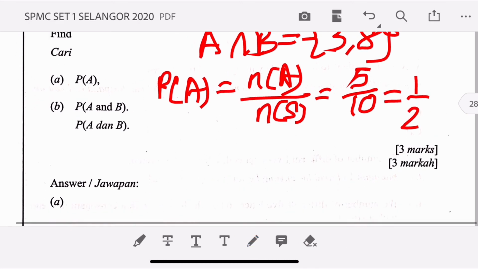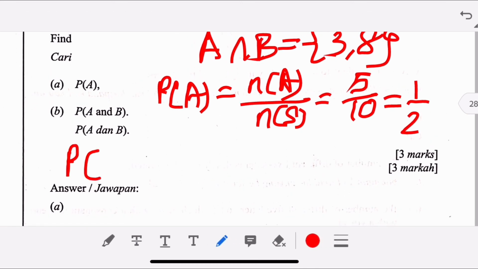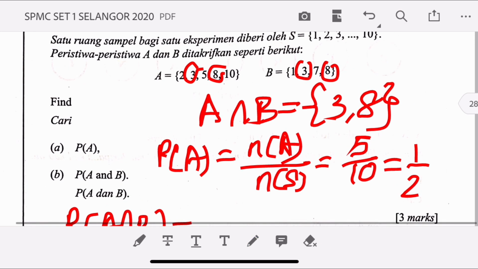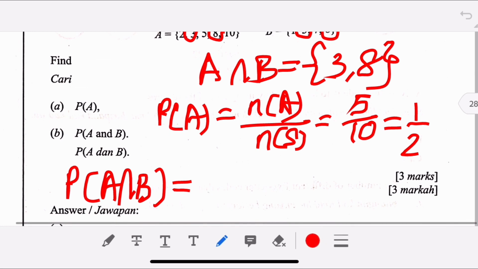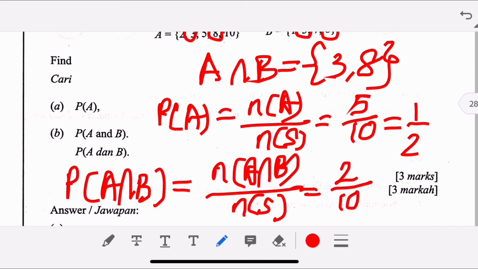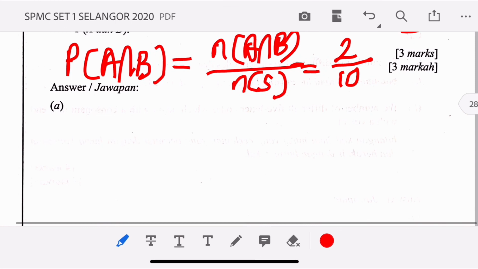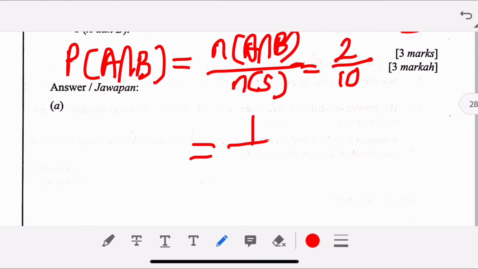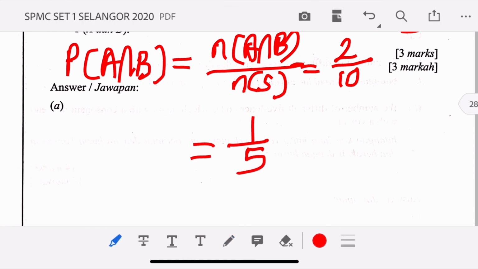For the probability of A intersect B, we have the number of A intersect B over the number of sample space, which is 2 over 10, so the answer is 1 over 5.